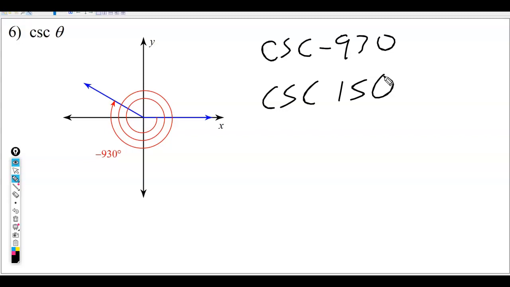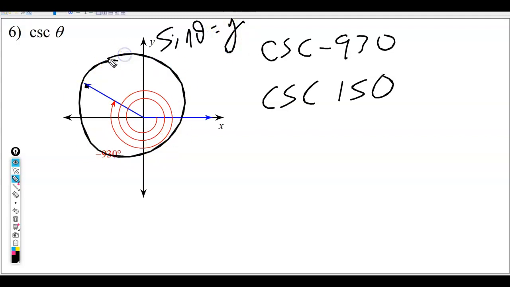Now the next thing we have to remember is that cosecant of 150 is the reciprocal of sine at that point. So what is the sine value at that point? Sine, as you might recall, is the y value. At 150 degrees on our unit circle, my sine value is a half. That's the y value.